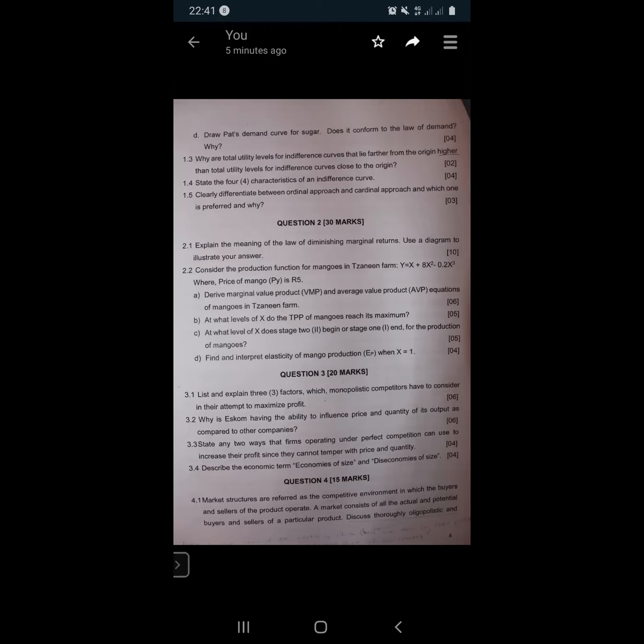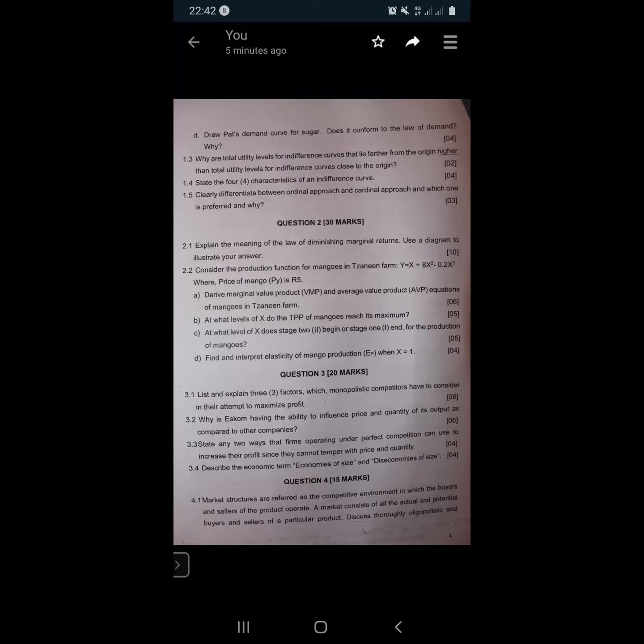So we go to question 2.2. It's the one I am actually interested in calculating with you. Consider the production function for mangoes in Zanen farm: Y equals x plus 8x squared minus 0.2x cubed, where Py is 5, which is the price of mangoes.